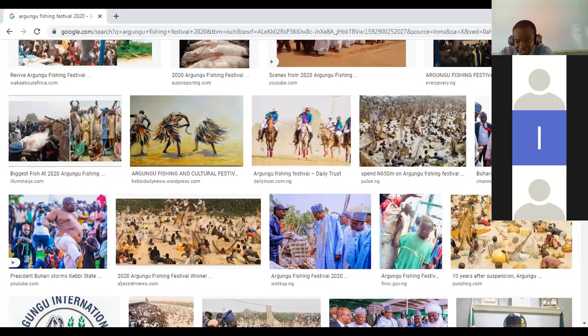Now, what are their differences? Look at the table on your screen. The first one is that small scale fishing is done in streams, rivers, ponds, seas, and sea coasts. Whereas large scale fishing is done in seas and oceans.